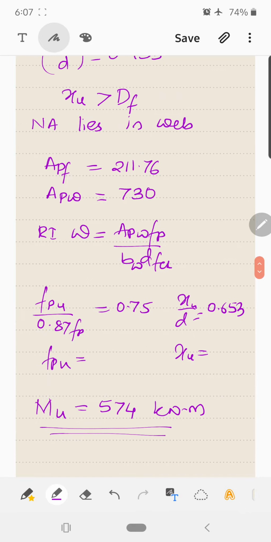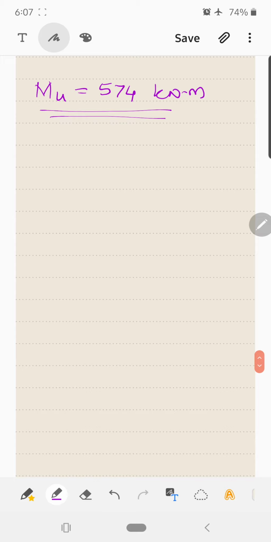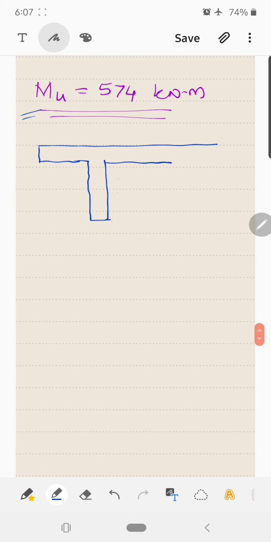So this is how the moment of resistance for the flanged section can be done. This completes the second problem. Now suppose you have a double T section like this. In this double T section, this will be the width of the flange, the complete entire width.